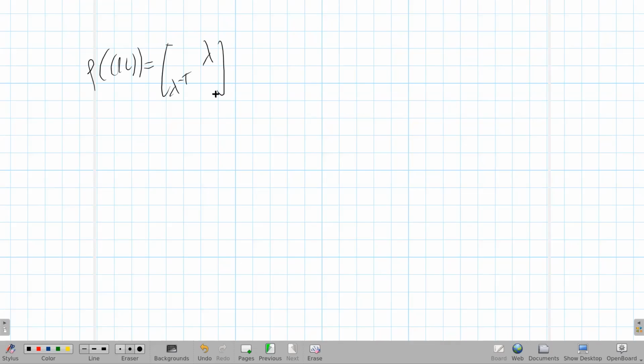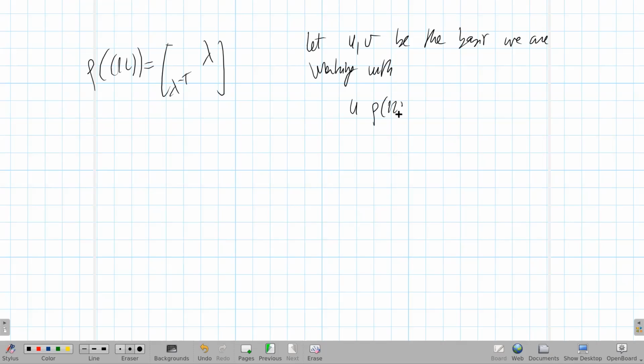But we can be even more precise because let u, v be the basis we are working with. So this means that u is an eigenvector for rho(1 2 3) with respect to the eigenvalue omega, and v is an eigenvector for rho(1 2 3) with respect to the eigenvalue omega squared.